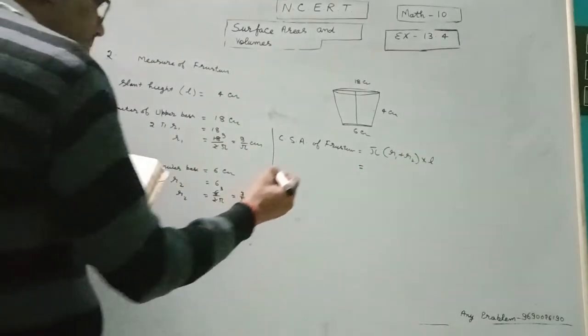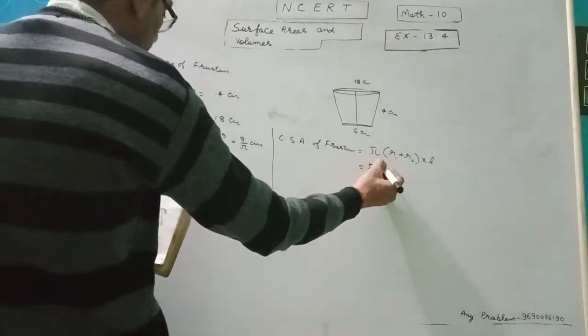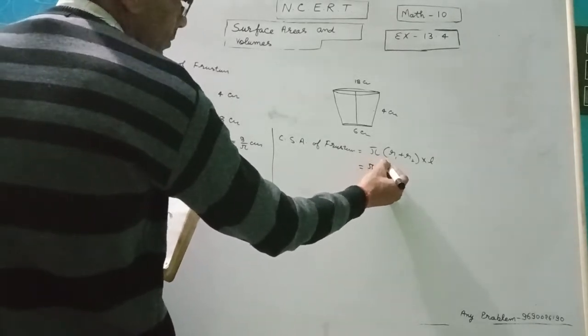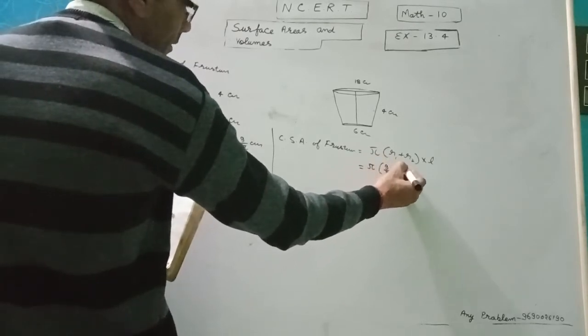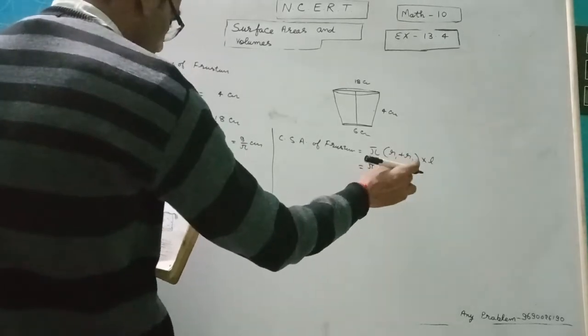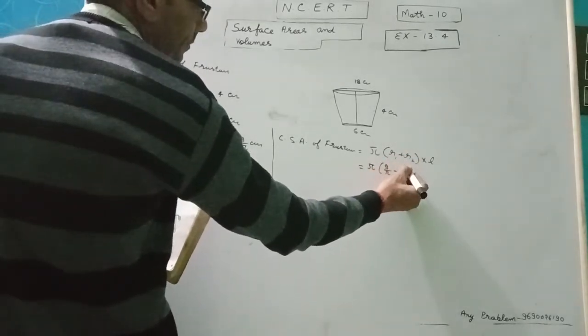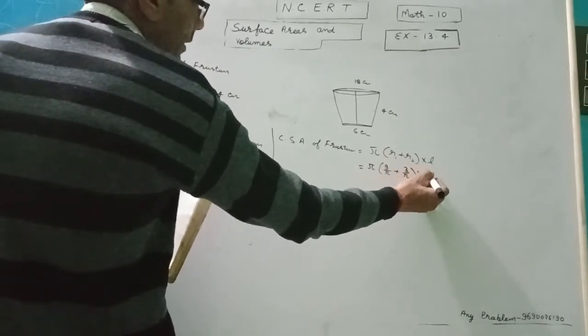Pi value, r1 value 9/pi plus 3/pi, L value is 4.